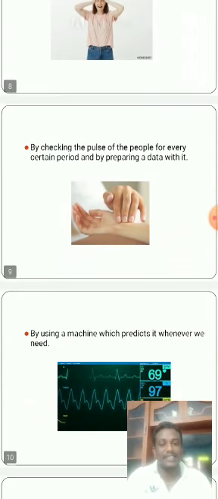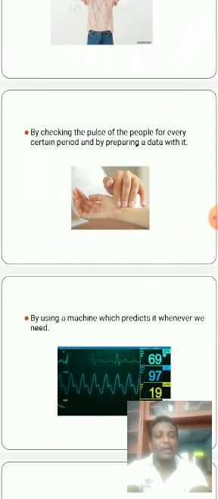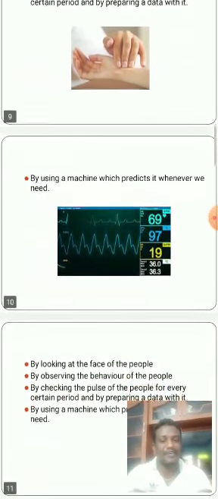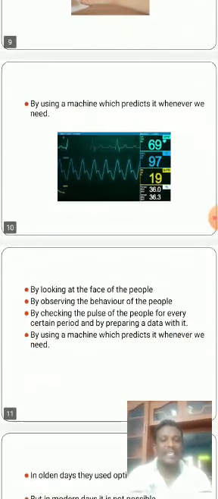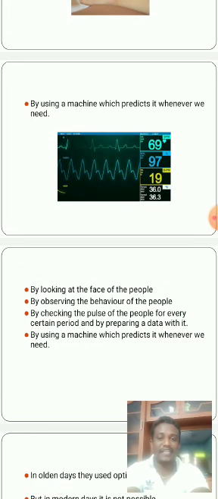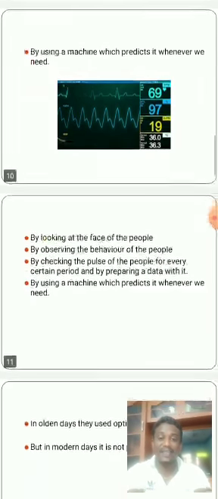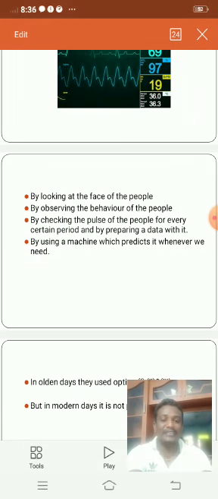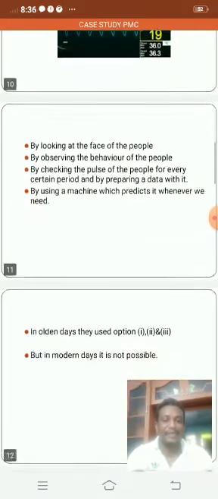One more method: by checking the pulse of the people for every certain period and preparing the data, we can say the heart rate. Also, by using a machine that predicts it whenever we need, we can say the heart rate. By all those activities, we can measure the heart rate approximately or accurately.